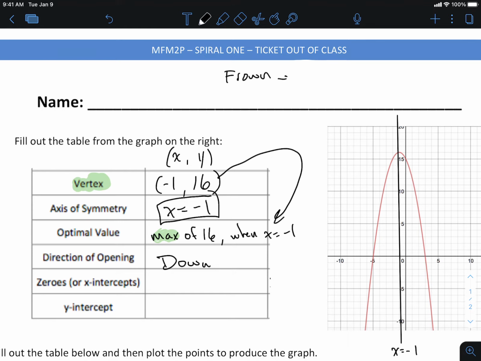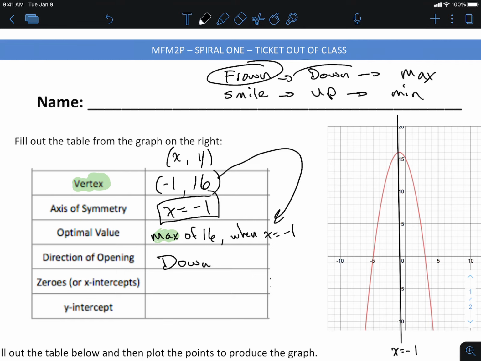I'm just writing like a list. You're going to look at a graph. You're going to say, okay, it's frowning. It's opening down. There's a maximum.